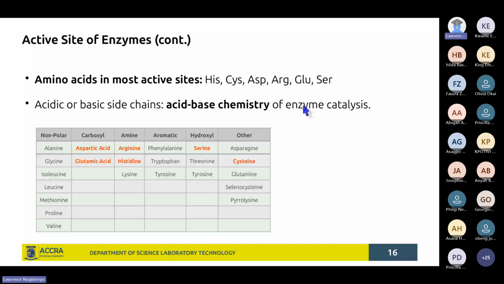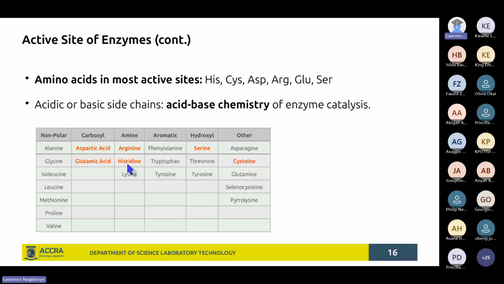And the amino acids that we just mentioned, you ask yourself, what makes these amino acids be the ones that are found in the active sites to be interacting with their substrates? I brought a table below here for you to see the amino acids that we're talking about.